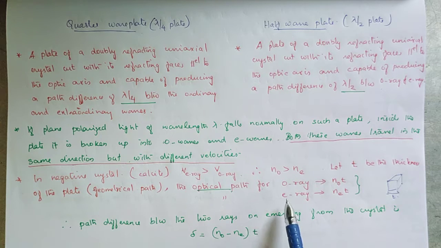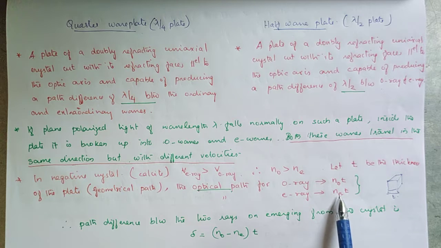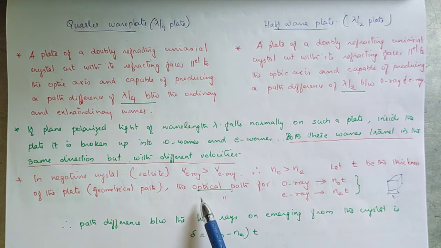Then the optical path for the extraordinary ray is n_e into t, the product of the refractive index of the extraordinary ray and its geometrical path. Then only we can get the optical path.